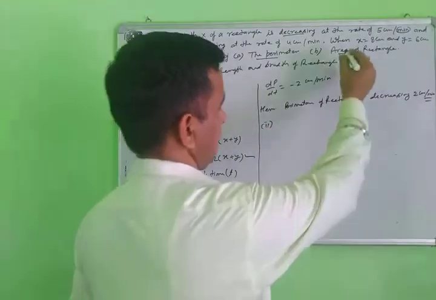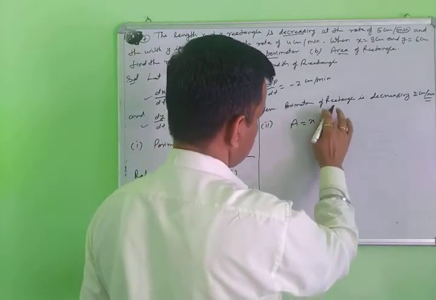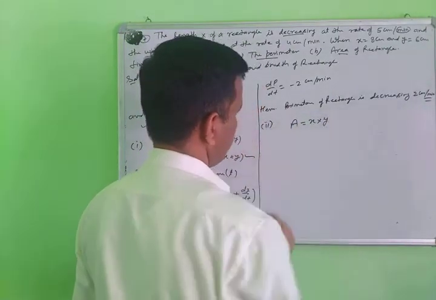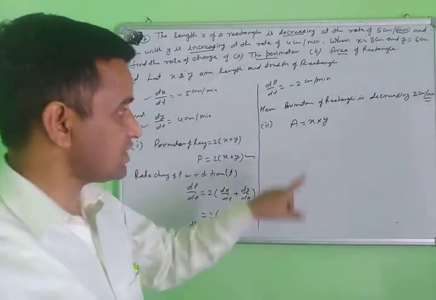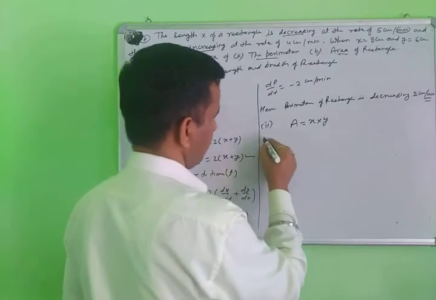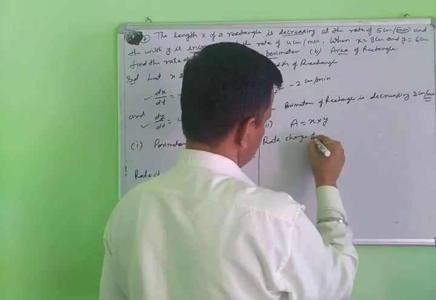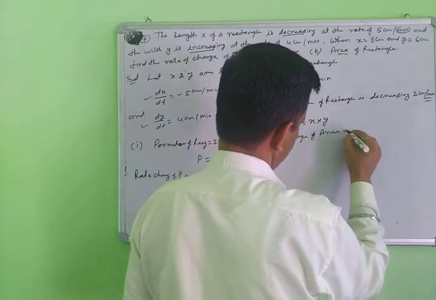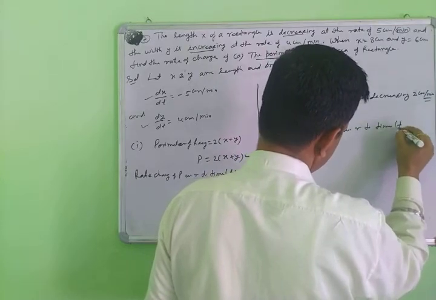Second part here, area of rectangle: length into breadth. The rate of change of area, same thing here, rate of change of area with respect to time t.